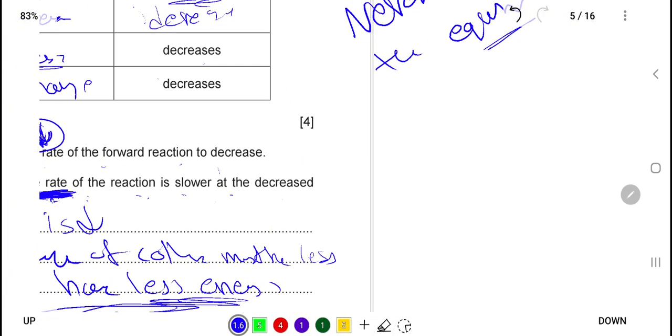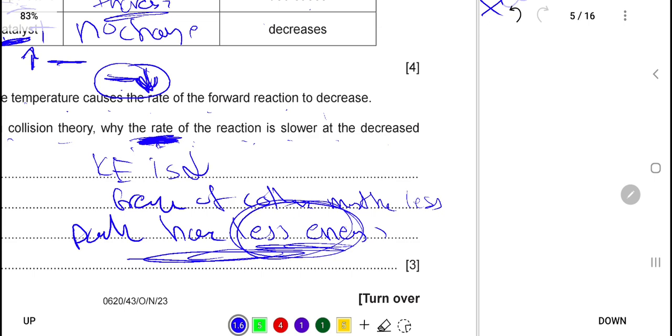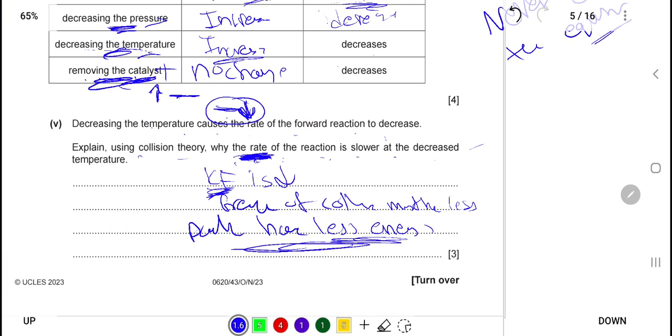For your own knowledge, pressure has nothing to do with kinetic energy. Pressure does not increase or decrease the kinetic energy, only the temperature. Remember this.